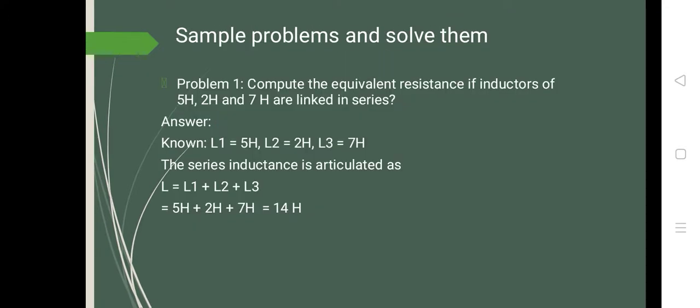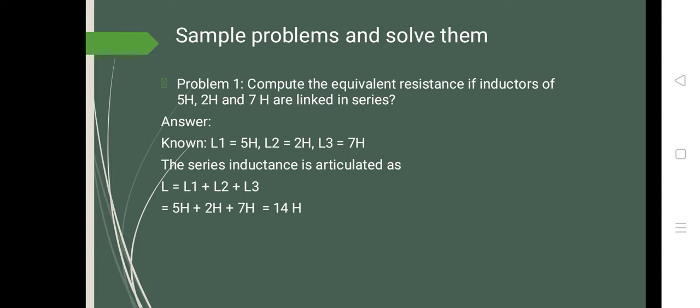So next is solve problems. Compute the equivalent inductance of inductors of 5H, 2H, and 7H linked in series. You have to get what the known values are, which is 5H for L1, L2 is 2H, and L3 is 7H.